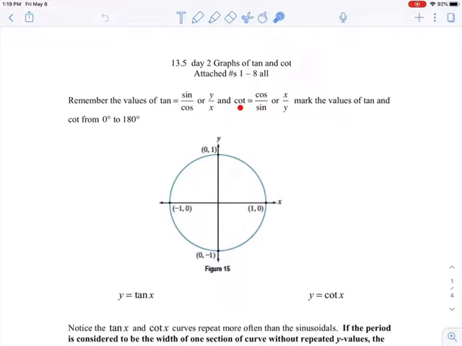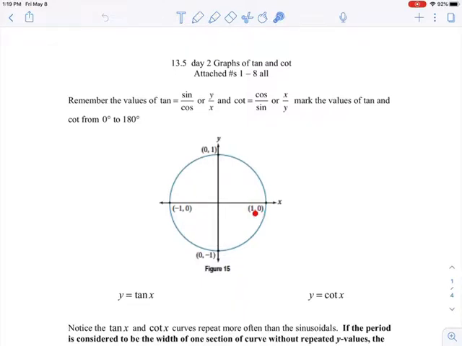These have a primary cycle, so one period is just going to be 180 degrees. And let me talk about why that is. Think about the tangent as the y over the x. In this case, we're looking at 0 degrees.